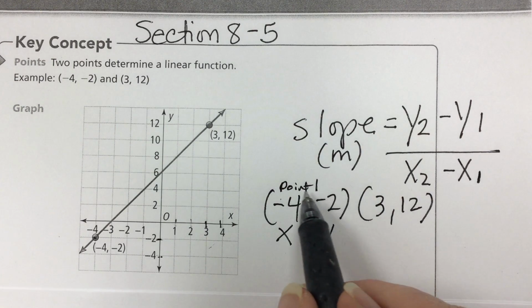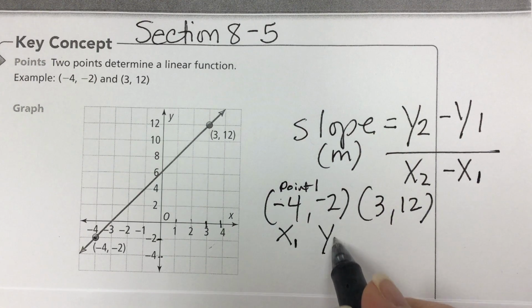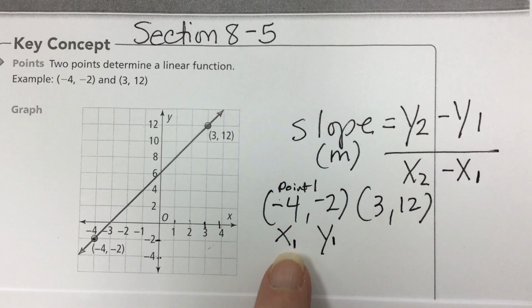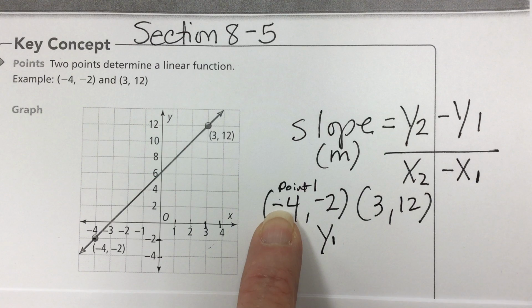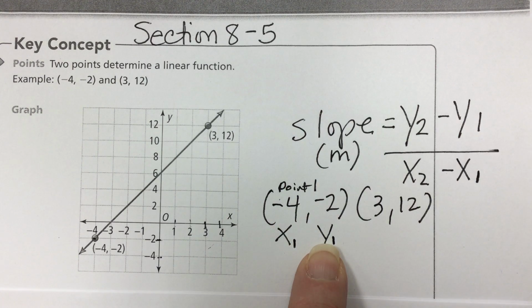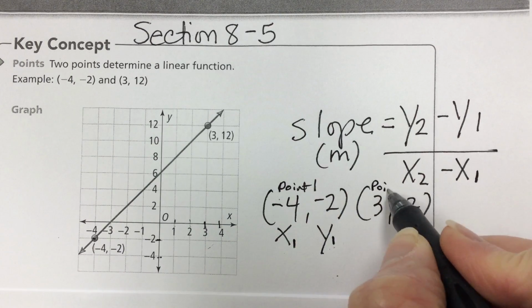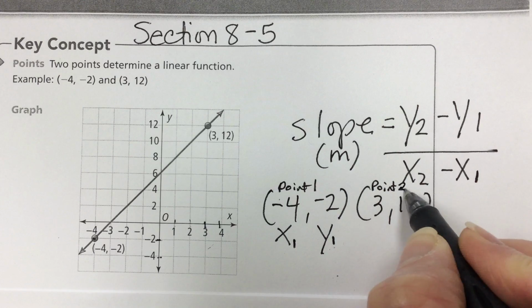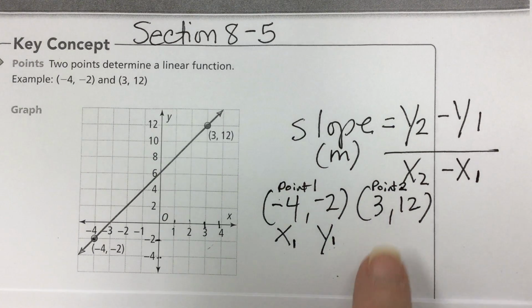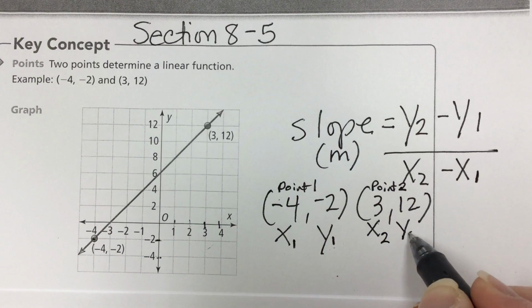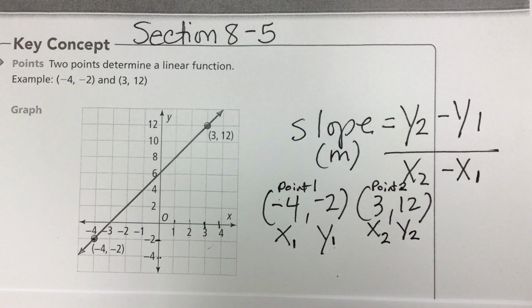Since we've labeled it point 1, I'm going to put little subscripts on each x and y to indicate this: x sub 1 is the x value of point 1, y sub 1 is the y value of point 1. So this one is point 2. Looking at this point, this is x sub 2 and y sub 2. Those are not exponents, those are little subscripts.